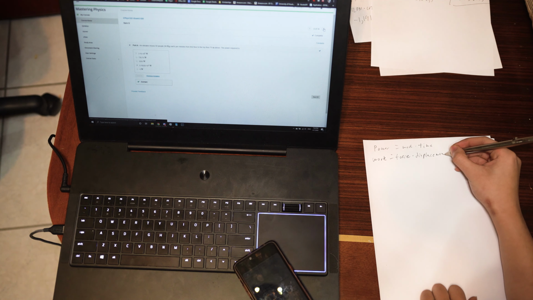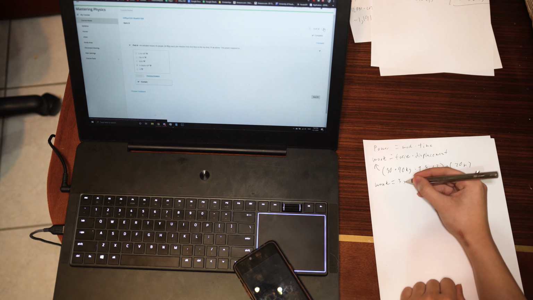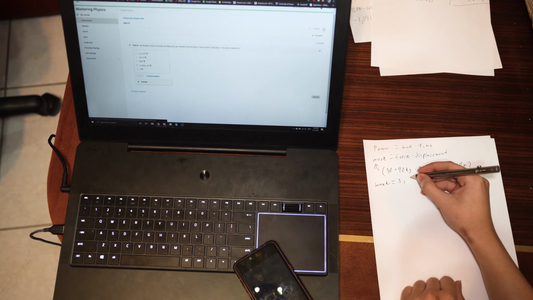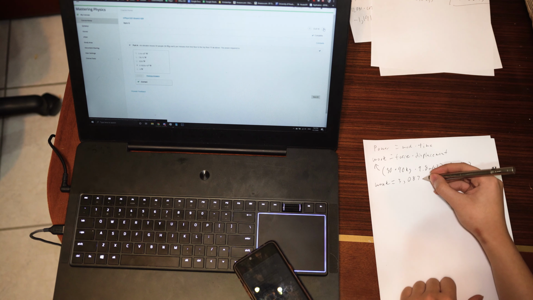We multiply that by 9.8 meters a second squared, and that gives us our force. We multiply that by our displacement, which is 70 meters, right? This is equal to the work. So when we calculate for that, our work is going to be equal to 3,087,000. So that's our work.